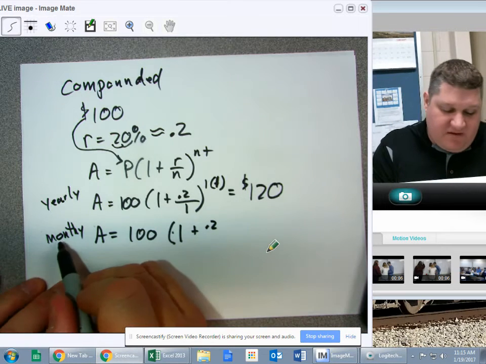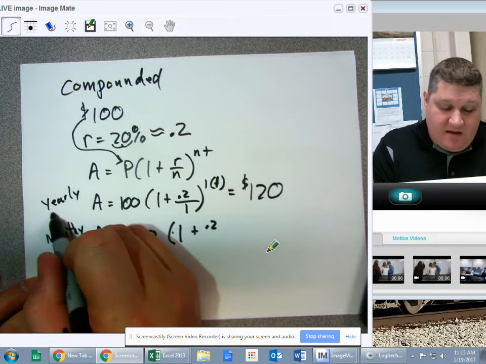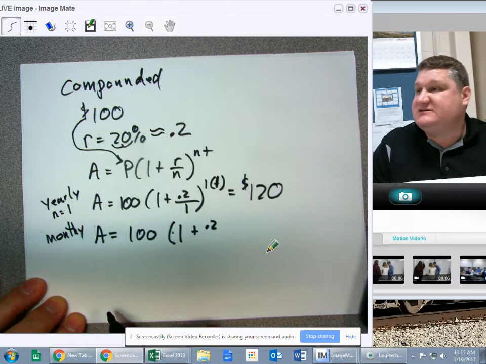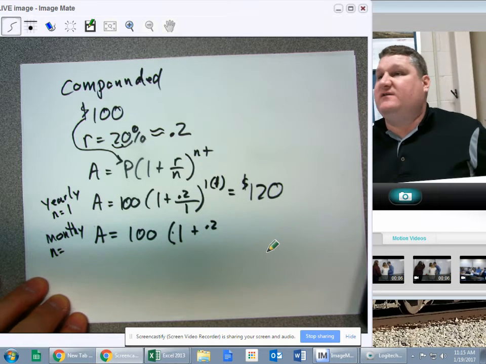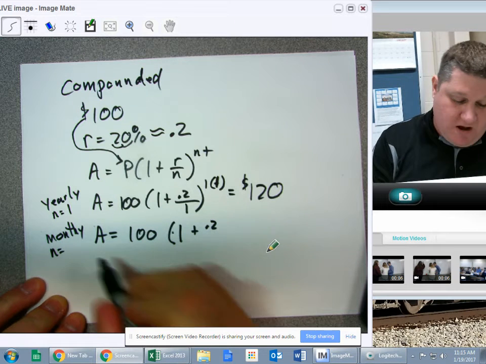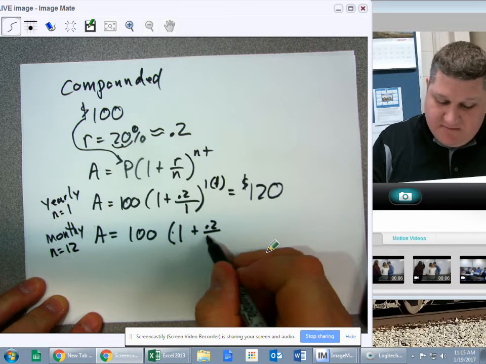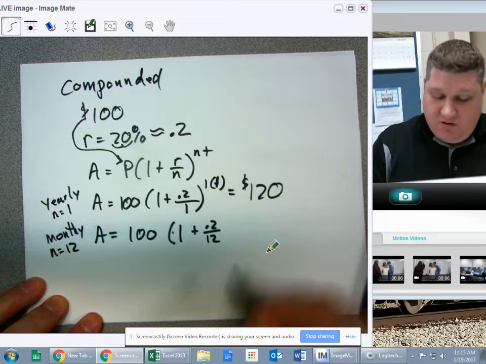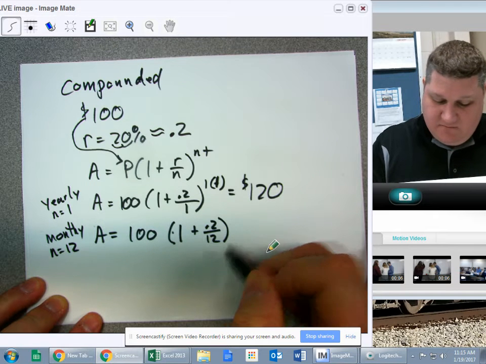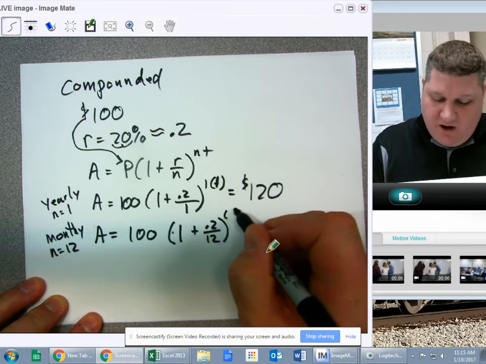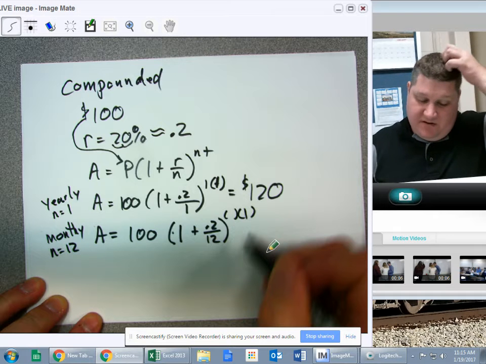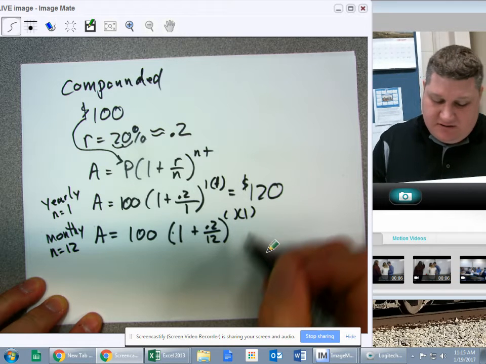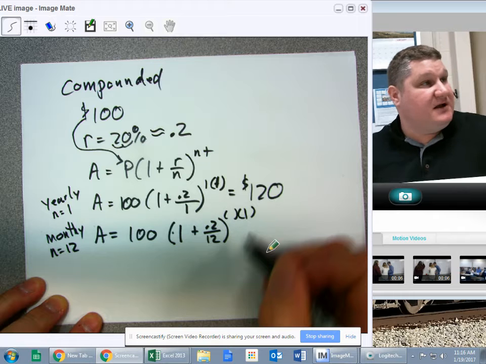But folks, if it's monthly, instead of only charging you once in a year, how many times will they charge you in a year if it's monthly? Yes, sir. 12. So now instead of 1 here, it's 12 times 1. So it's harder to put in a calculator.